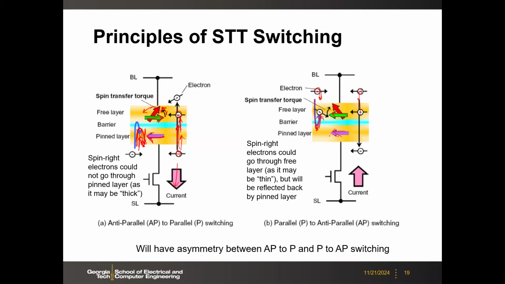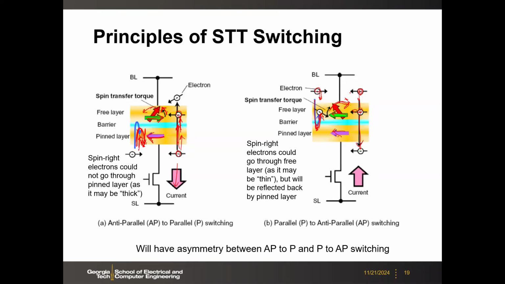While those electrons pointing to the left, because they have the same direction, will go through. So the bounced back electrons pointing to the right will insert the torque to this free layer, and then it will force the free layer to flip to the right.